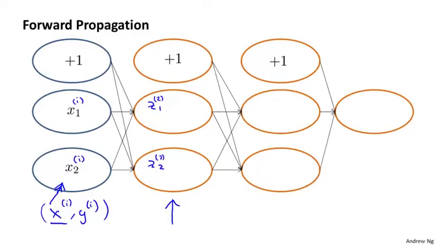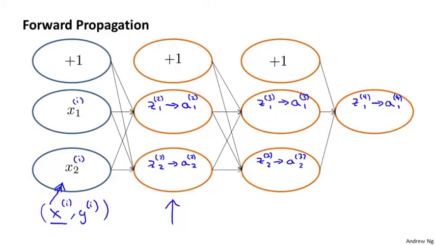Then we apply the sigmoid or logistic activation function to the z value, which gives us the activation values a^(2)_1 and a^(2)_2. Then we forward propagate again to get z^(3)_1, apply the sigmoid activation function to get a^(3)_1, and similarly until we get z^(4)_1, apply the activation function, and this gives us a^(4)_1, which is the final output value of the neural network. Let's erase this arrow to give myself some more space.